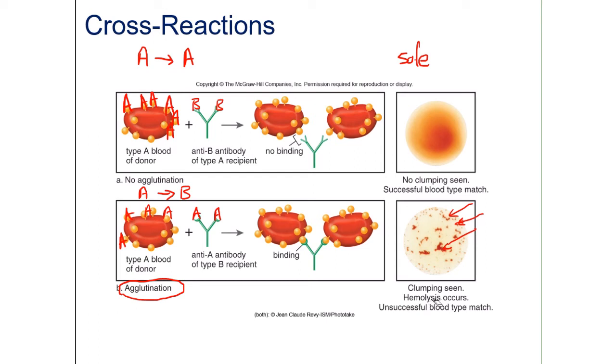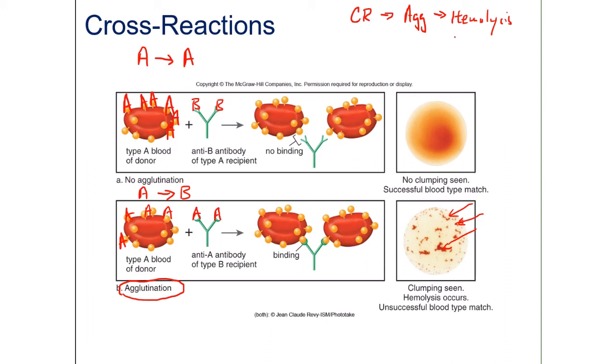Lysis means breaking or rupture of the red cells. Okay, so if it's incompatible, we have the cross reaction, which leads to agglutination, which then leads to hemolysis. So that's not a good thing, right? Because usually people who need a blood transfusion basically don't have enough red cells, and if you transfuse them with red cells that result in more red cells dying, then that's just not going to help, and in fact it's going to make it worse.